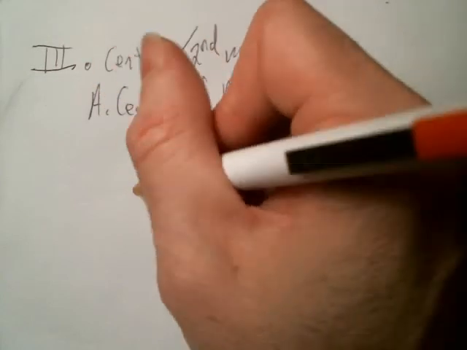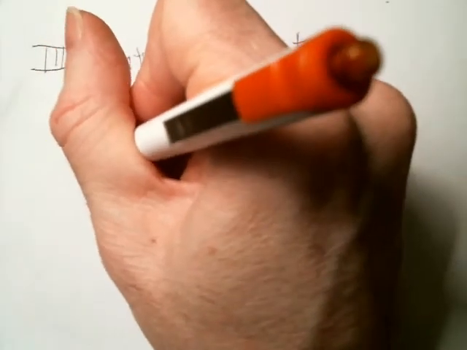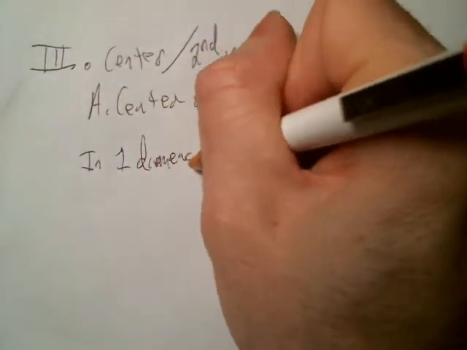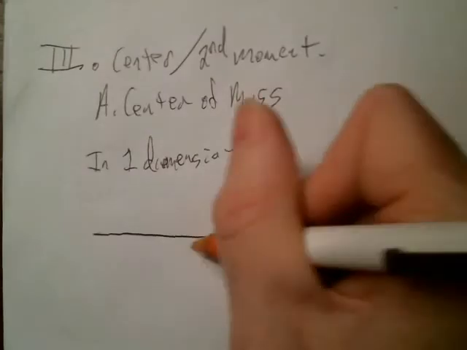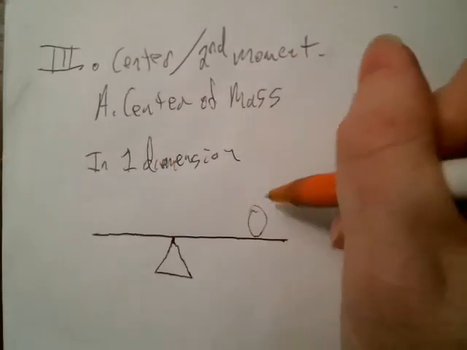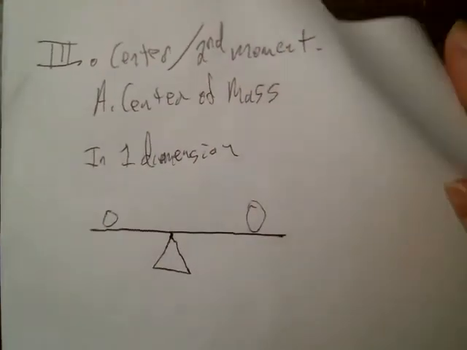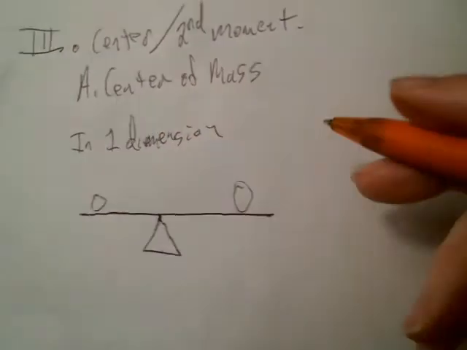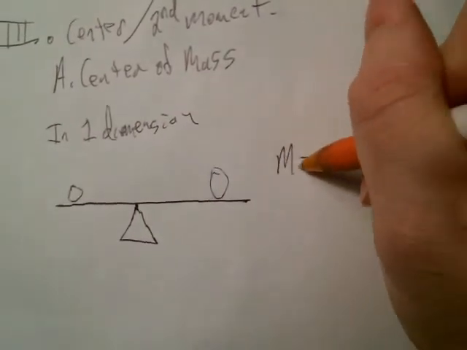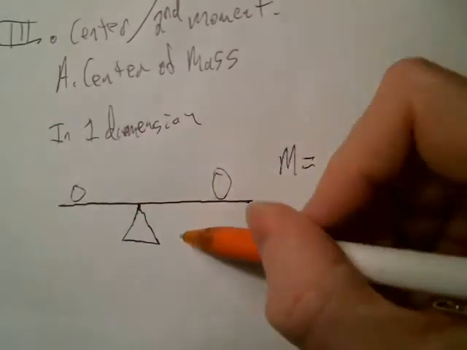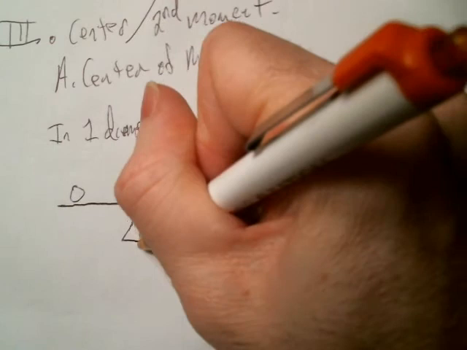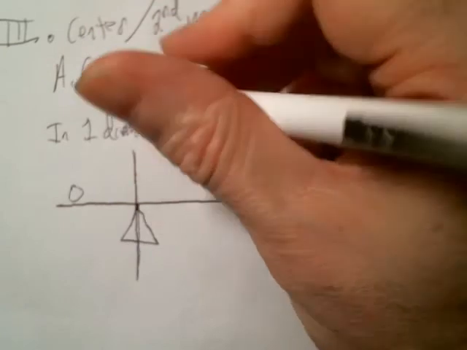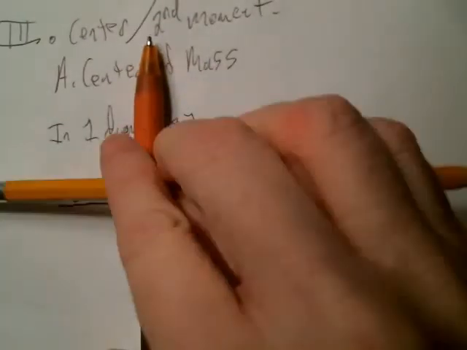So again, even in 1 dimension, what you're dealing with is a teeter-totter with a fulcrum on it, and maybe you have some objects with different masses on the teeter-totter. Obviously, it's going to tip in this direction, right? So the moment of this would be the sum of the masses times their distances away from the fulcrum. You could standardize this in the 2-dimensional xy plane such that you consider the y-axis as your fulcrum.